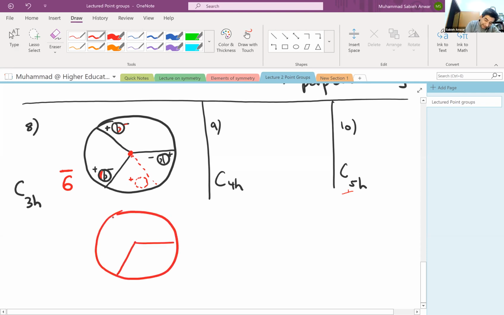So I have this object here. Let me keep it simple. Positive sign. I do a six-fold rotation. I end up here, positive sign, but then I do an inversion about this point. I end up here. But since it's an inversion, anything that is above goes below. And I put a comma as well because it's an inversion. I need to construct the stereoisomer of this, the mirror image of this, because it's an inversion operation. And then I repeat, I do a 60-degree rotation of this point, I end up here. And then I do an inversion about the same point, I will end up here.